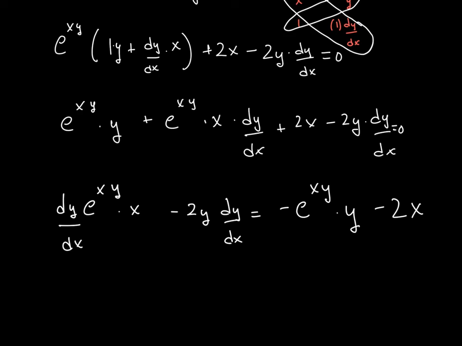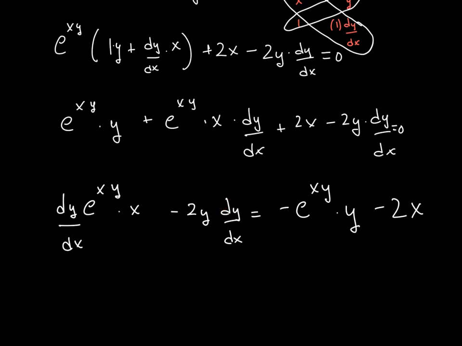Now I'm just going to go back and make sure I have everything. So e to the xy times y came over here. E to the xy times x times dy dx I have here. The 2x came here, and negative 2y dy dx came here.